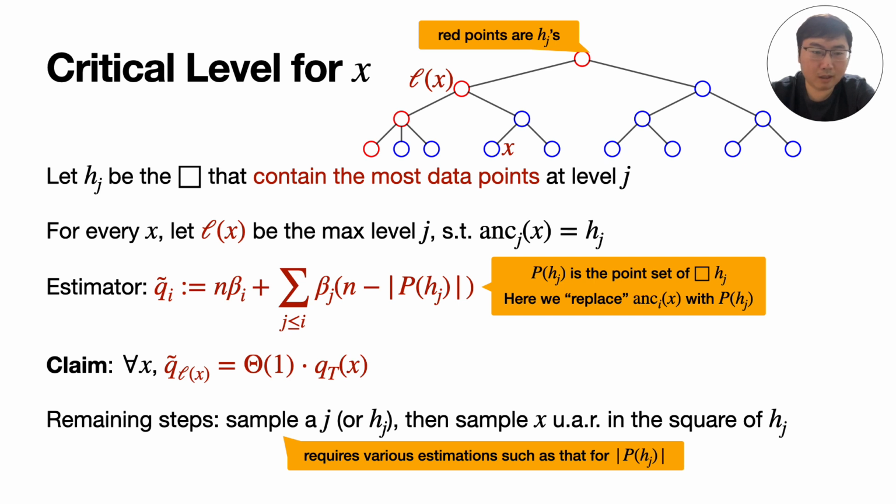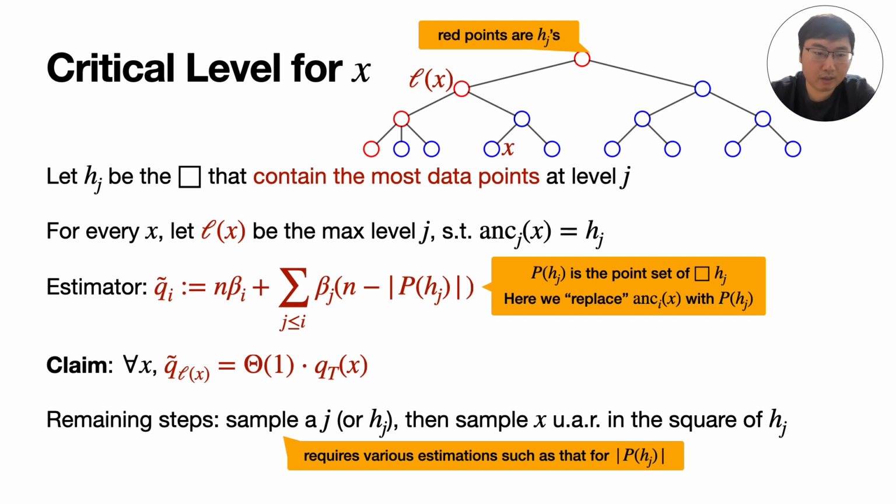Basically, we show that we can define only order log n estimators, which correspond to the levels j, and this only uses order log n information of hj's. We show that qt of x is approximated by the estimator at the critical level L of x, which can be computed much more easily.